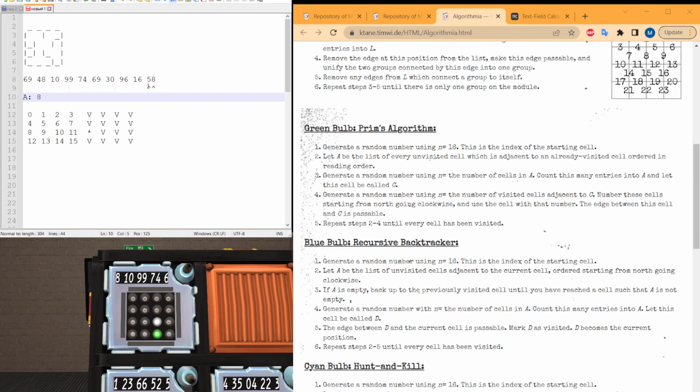So technically still mod 1, so we move the pointer again. The cell has 3 adjacent visited cells, so 69 mod 3 is 0, so this is 0, this is 1, this is 2, so that means between these two we delete the wall.